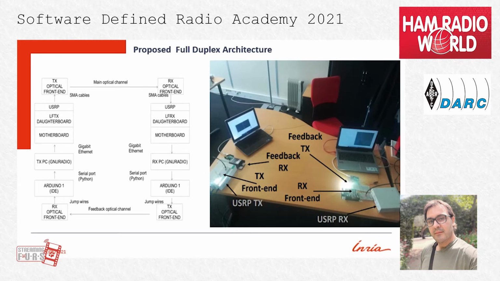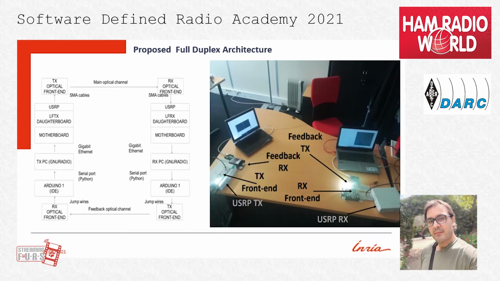We consider a main optical communication, so the main optical flow of data, which allows the communication of user data from the transmitting PC, which is the one on the left, to the receiving PC, which is the one on the right part of the picture. And we also consider a feedback communication in the reverse path.